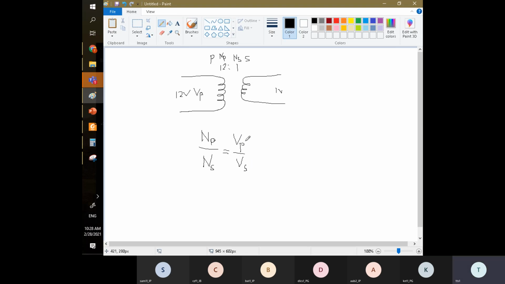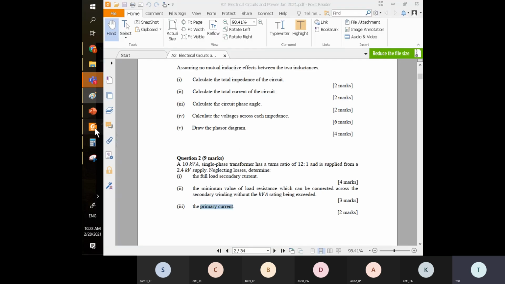This ratio is equal to the voltage ratio directly. By using this, you can solve part one.